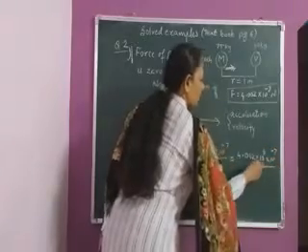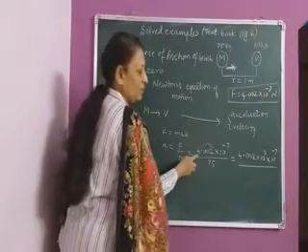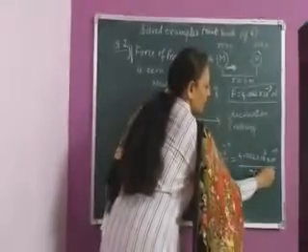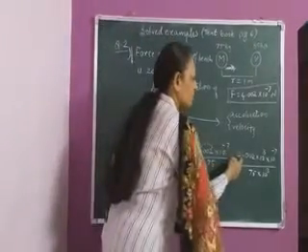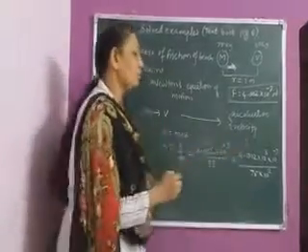Since we have multiplied the numerator by 10 to the power 3, in the denominator also we have to multiply by 10 to the power 3. As we multiplied by 10 to the power 3, this decimal point will move to the right.